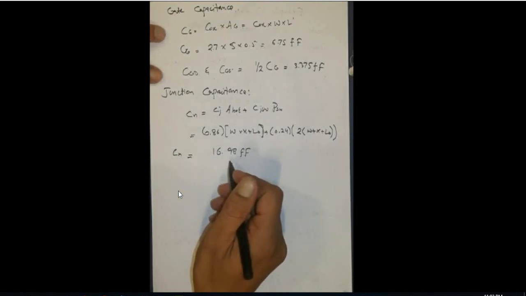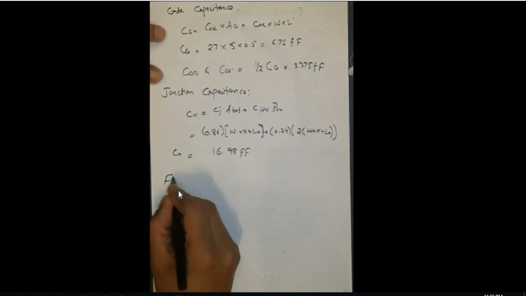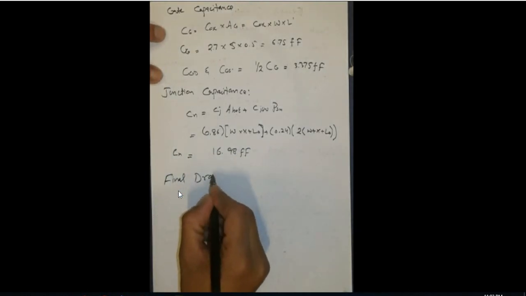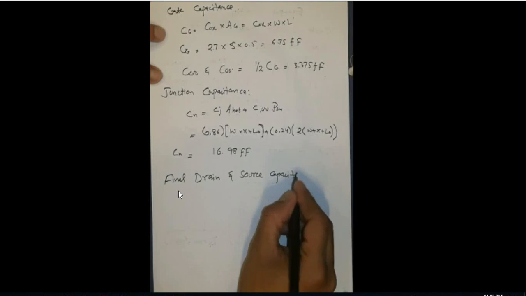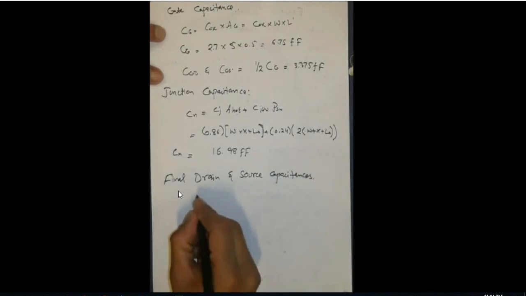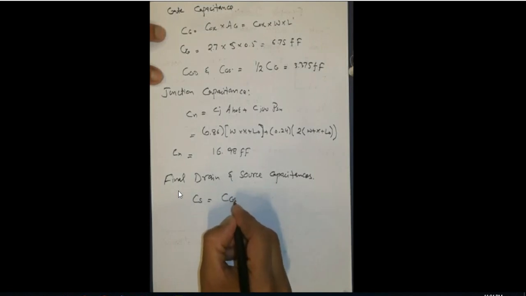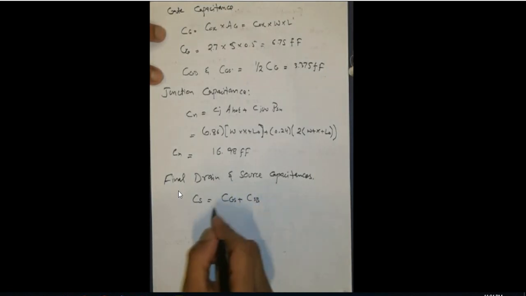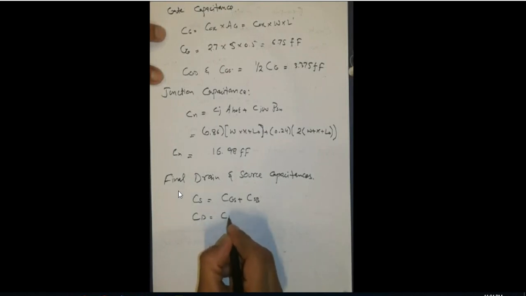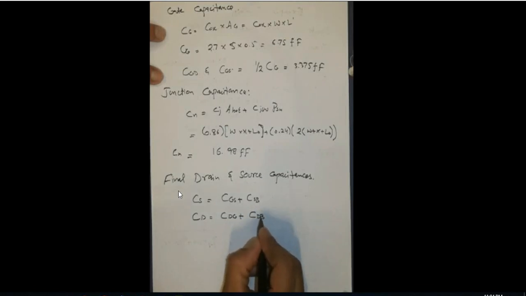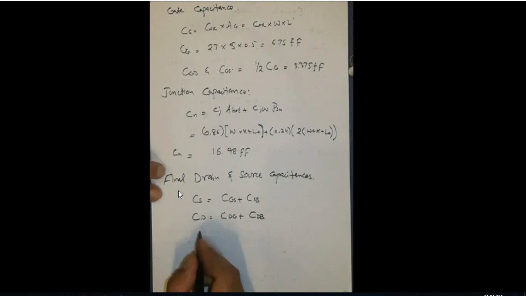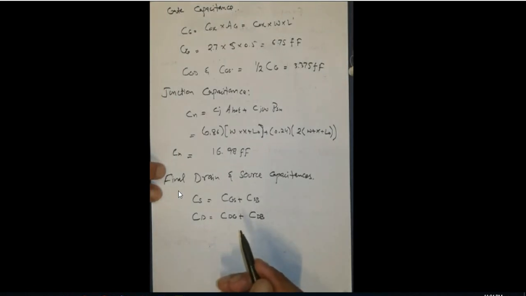So final drain and source capacitances can be found by CS is equal to CGS plus CSB, and CD is equal to CDG plus CDB, and we know that CGS and CDG both are equal to 1 over 2 CG, and CS is equal to CD.